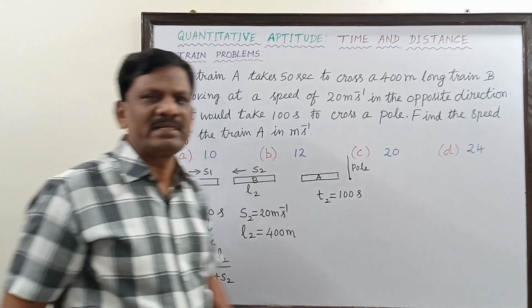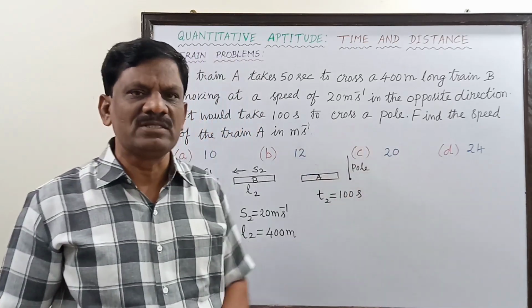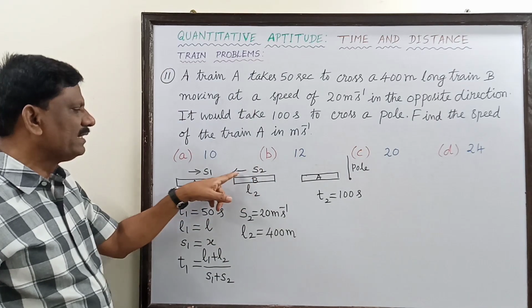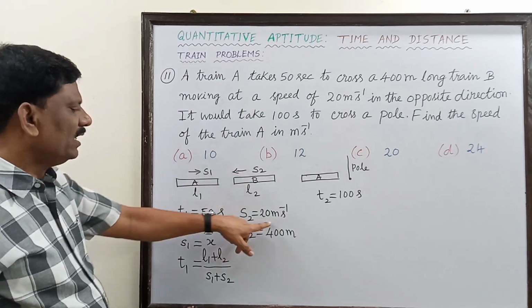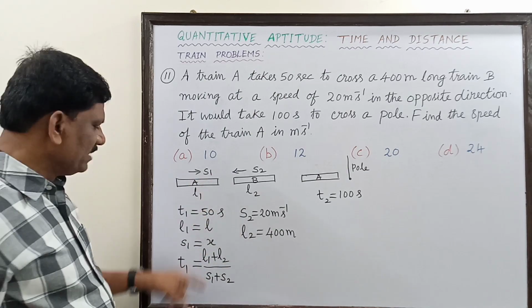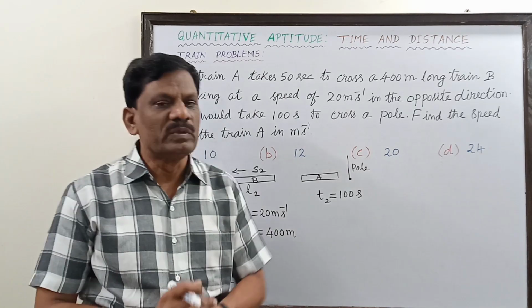If they were in the same direction, it would have been S1 minus S2, but they have given clearly the opposite direction. So the speed of the second train in the opposite direction is 20 meters per second, and the relative speed of both trains will be S1 plus S2.